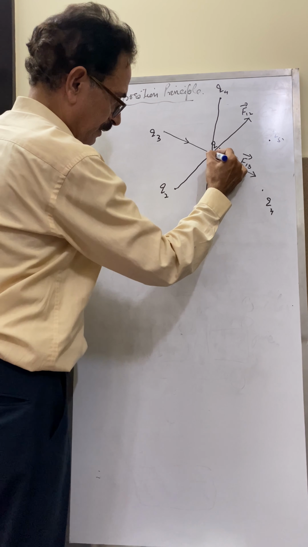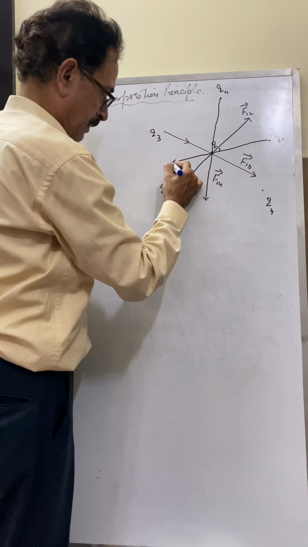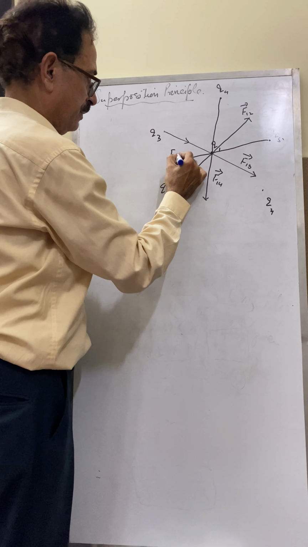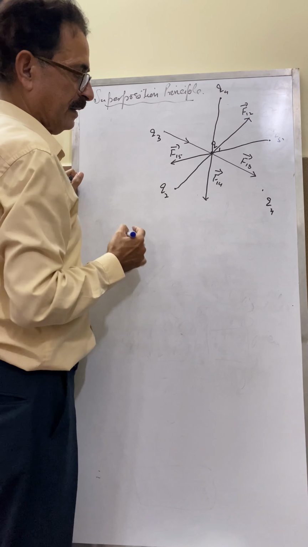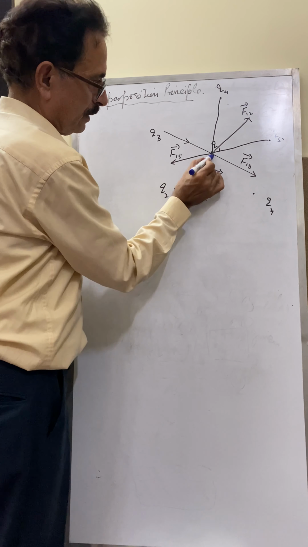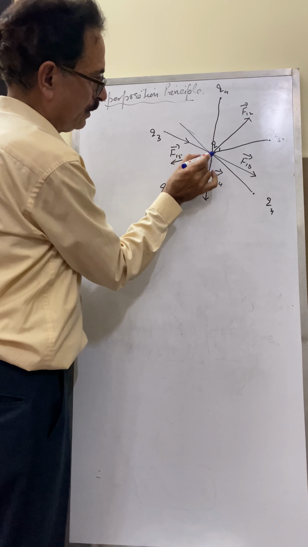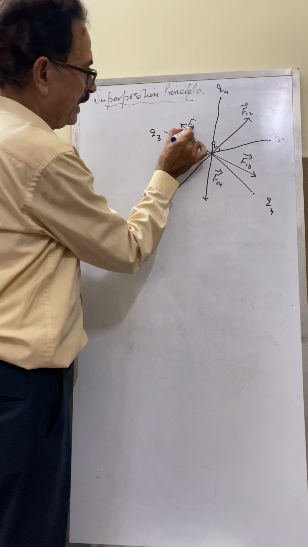Q5 repels Q1 with a force F15, and so on. Qn repels Q1 with a force F1n.